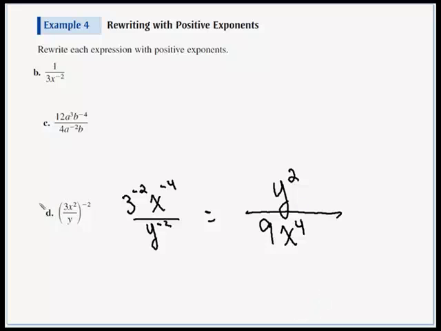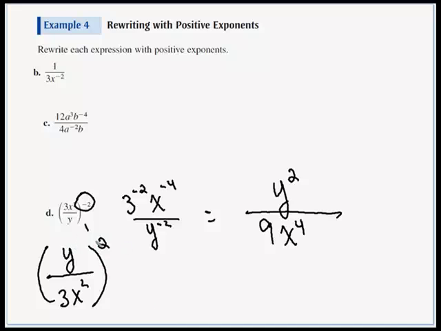What we could have done, sort of like the little shortcut trick, is if we take a fraction to a negative exponent, we flip that fraction over. Here, just looking in the parentheses, I'm going to flip what is there over. Y is the numerator, 3x squared is the denominator. If you flip this fraction, the exponent switches signs. So instead of negative 2, this is now positive 2.